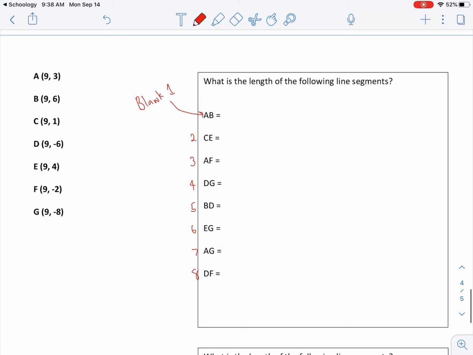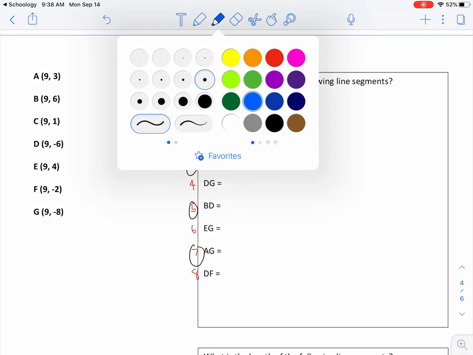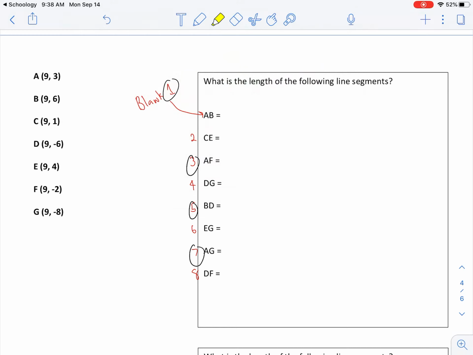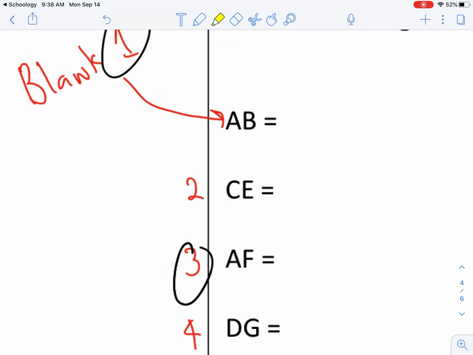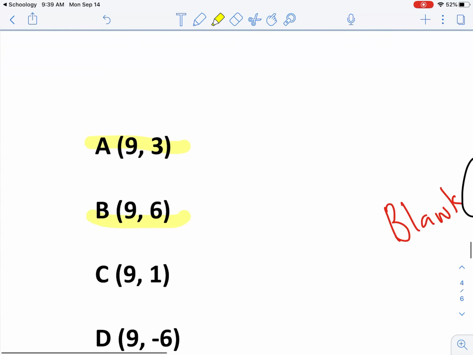So let's look at a couple of these here. I'll give you maybe 5 or 6 answers. Let's do 1, 3, 5, and 7. So AB, AF, BD, and AG. We have to go by line segment. What is the length of the following line segment AB? Okay, so I need to find AB here. Do they make a straight line? They do, so I can get rid of my 6's.